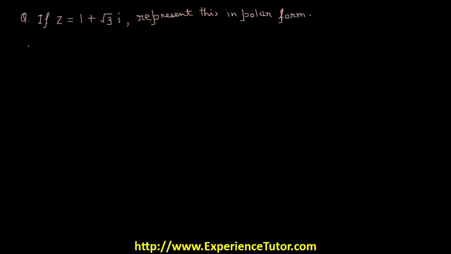So we can write z is equal to 1 plus root 3 i. The modulus of z is equal to 2. The argument of z is equal to pi by 3.